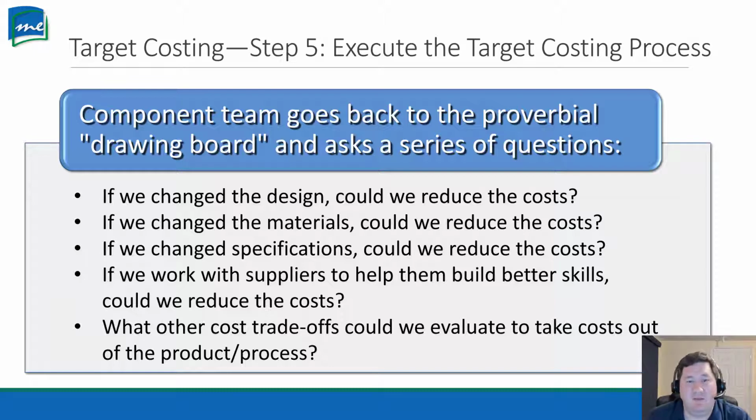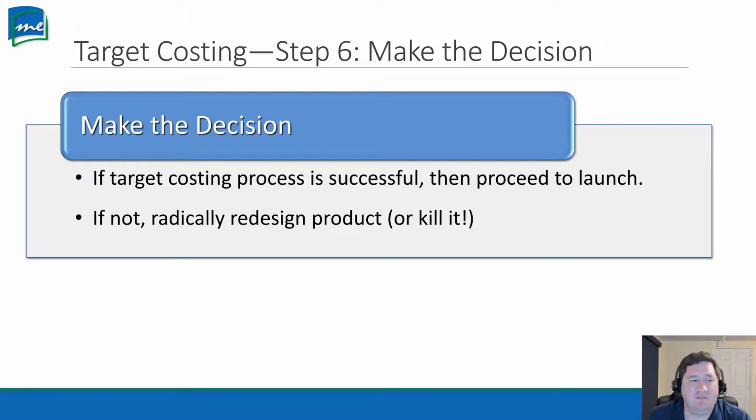And then finally, like I said, there were six steps, and that was number five. We have to make a decision. So if we can get down to that ideal total cost, then we can go for it, right? But if we can't, we need to either redesign the product or kill the idea.